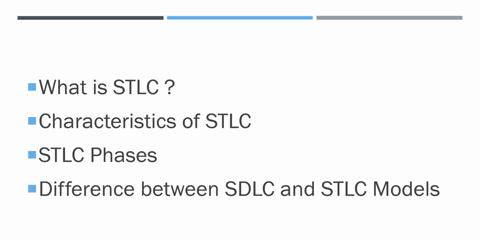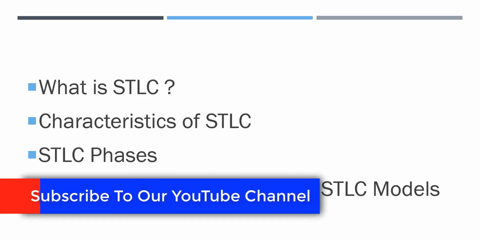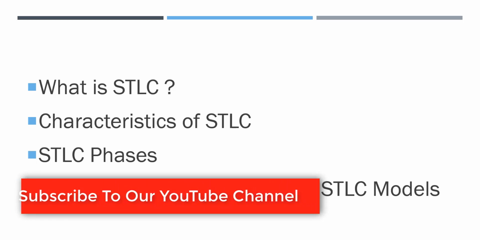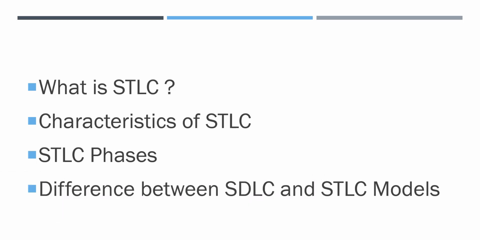Why is it a part of the Software Development Lifecycle? Because it consists of only the testing phase. Here, a sequence of different activities is performed by the testing team. Why is the testing team doing this STLC process? To ensure that the software is a quality software and it is a defect-free software.